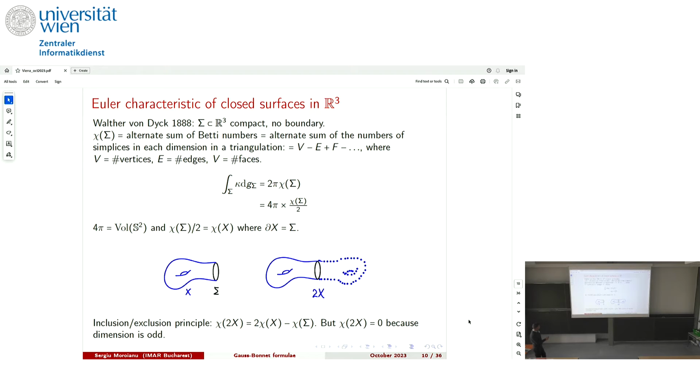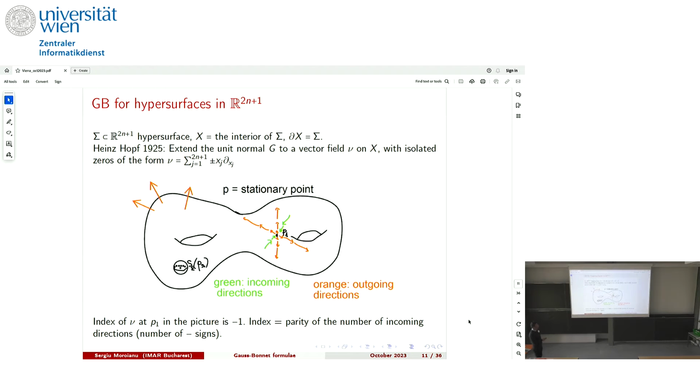Okay, and so we have all the elements so far in dimension 2. Now let's move to hypersurfaces in dimension 2n+1. This is 100 years distant from Gauss, because it was very hard to find the analog of Gaussian curvature. So what happened?